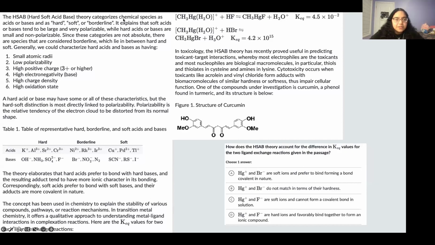Okay, and then final question for this passage.